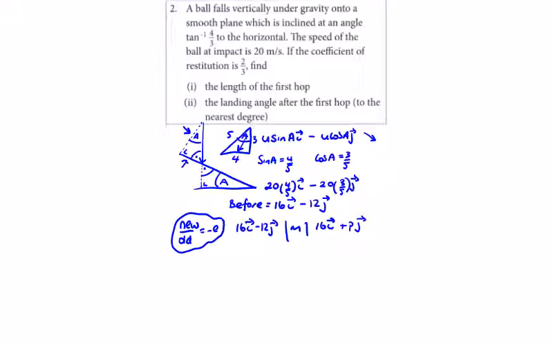So we can say that p, the new, divided by the old, which was minus 12, is equal to minus e, which is minus 2/3. So 3p is equal to 24. So the new velocity is equal to 8. So I have 16i plus 8j for my new.